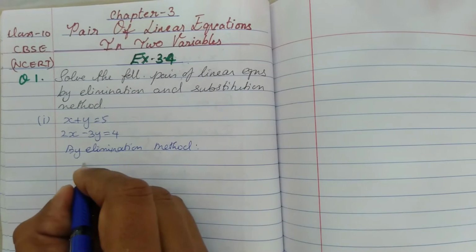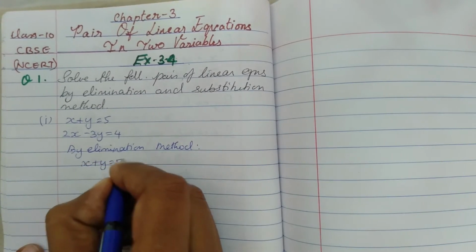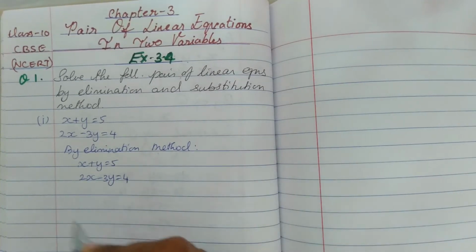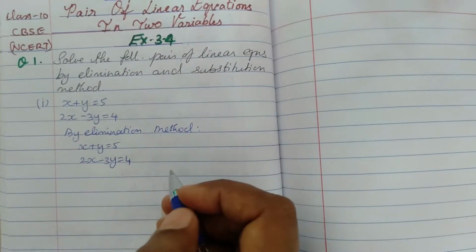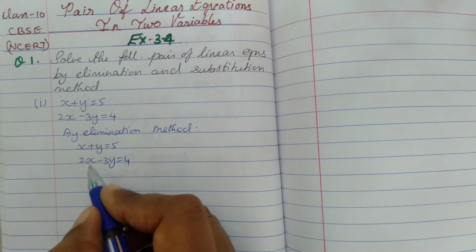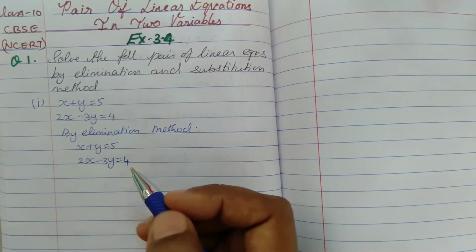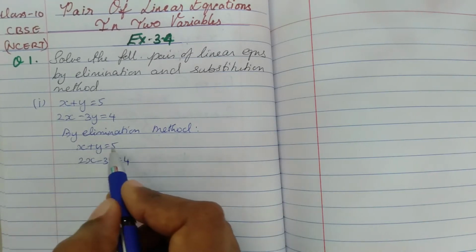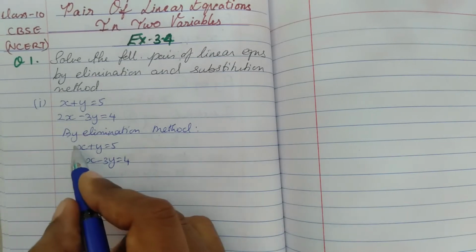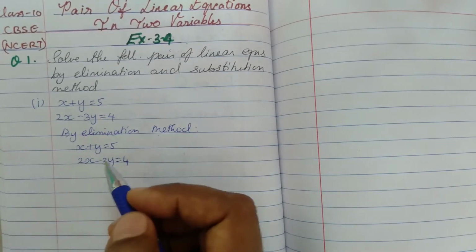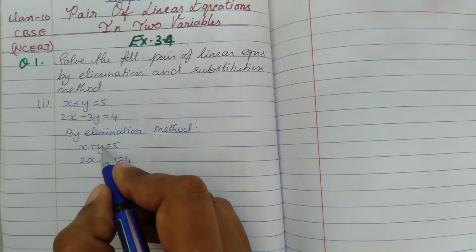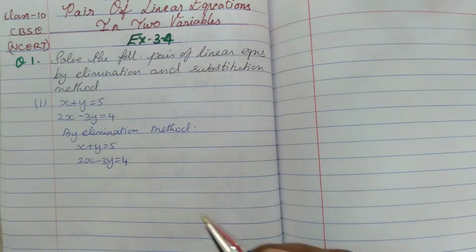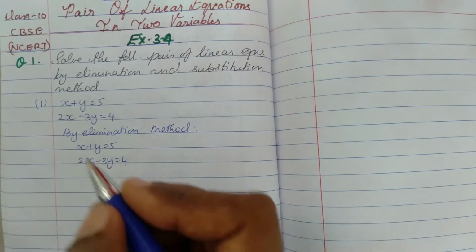Here we can either eliminate x variable or y variable. If you want to eliminate x variable, then you will have to multiply this equation by 2 so that you get a 2x here for us to eliminate. If you want to eliminate the y variable, then you will have to multiply this by 3 to get a 3y here. Let's multiply this by 2 now.